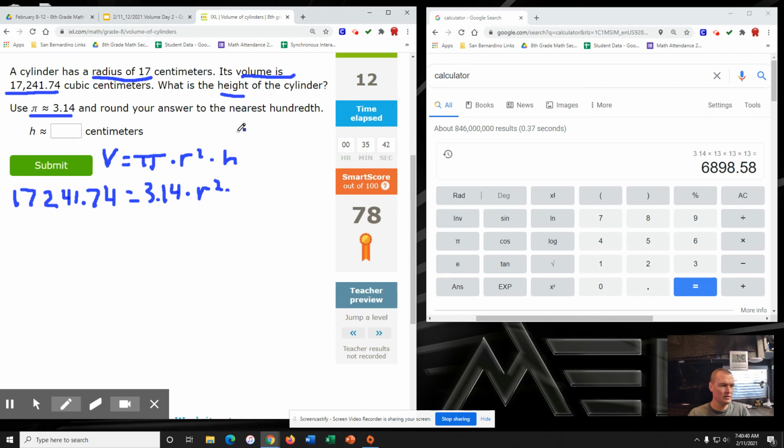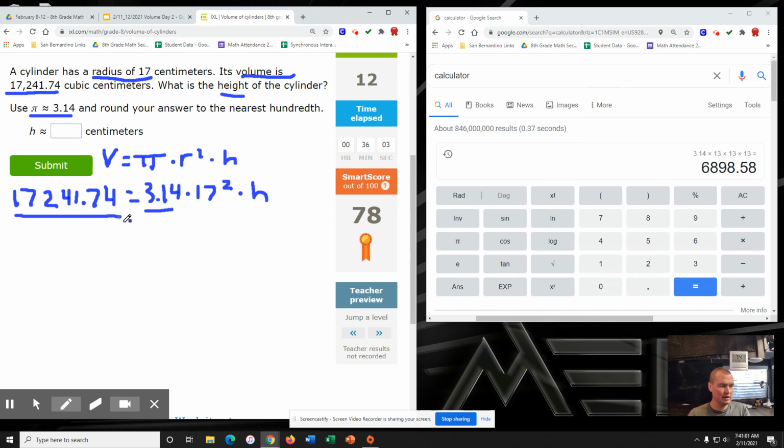What is the height? Oh, they did give us a radius. The radius is 17, and we're looking for the height. So I'm going to take that back. It's okay to make mistakes. Just go back and fix it. Okay, radius is 17 to the second power times h. That's the one we're looking for. Okay, now we're set up, ready to go.